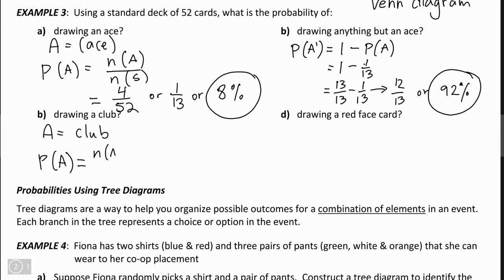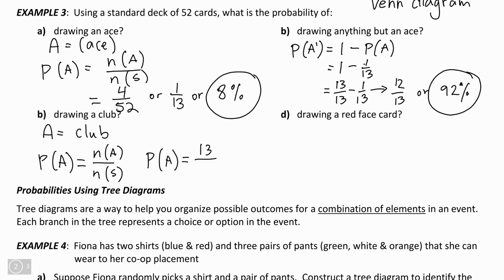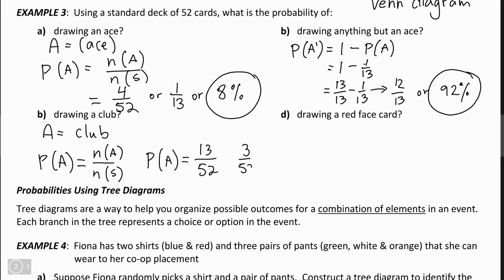So n of A is equal to 13, and n of S is my 52-card deck. So n of A over n of S: the probability of drawing a club is 13 possible clubs, from ace, 2, 3, 4, 5, 6, 7, 8, 9, 10, jack, queen, and king of clubs. And so 13 divided by 52 is going to be 1 over 4, or 25%.